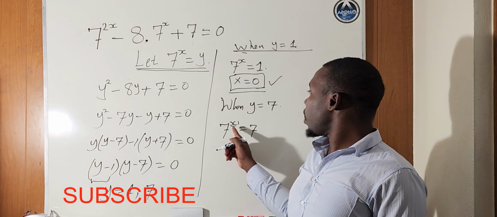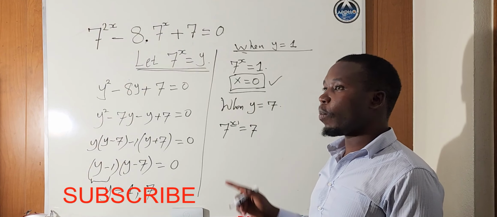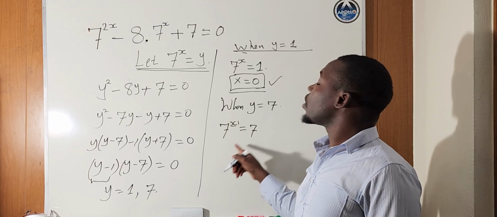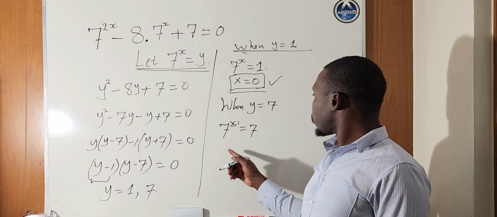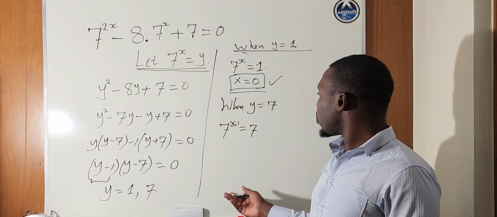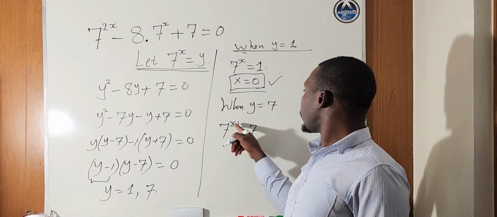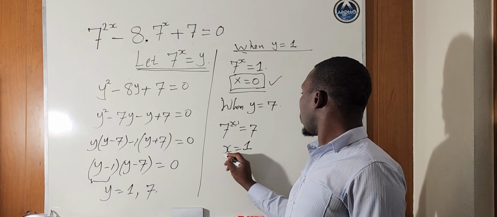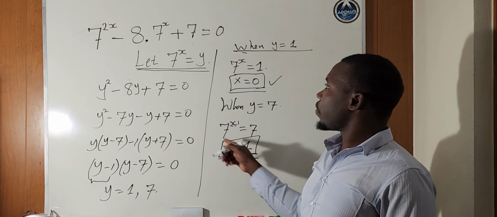As you know, any number raised power 1 is the same as that number. So 7 raised power 1 will give you 7. For instance, a million raised power 1 will still be that number. So the value of x will be equal to 1. So this will be the second value of x.